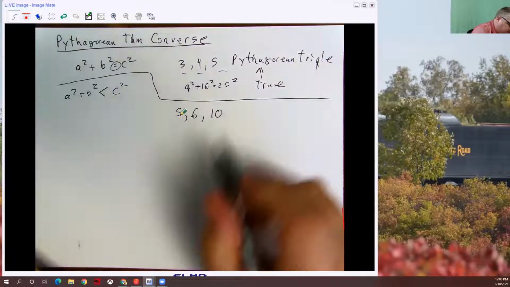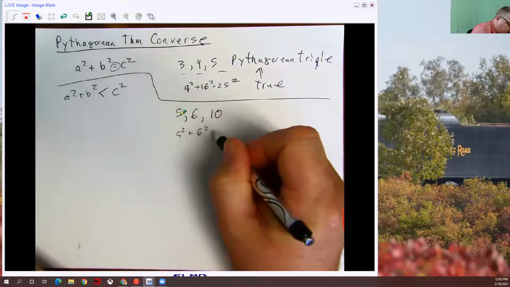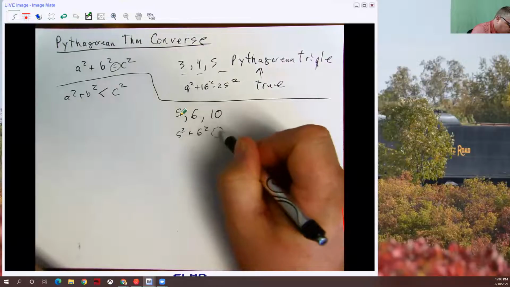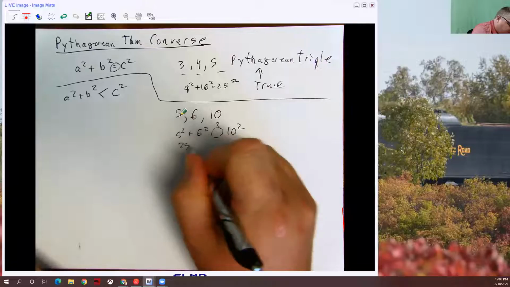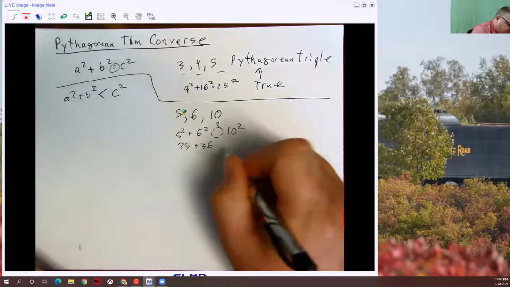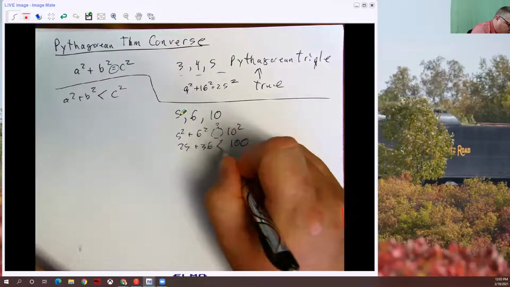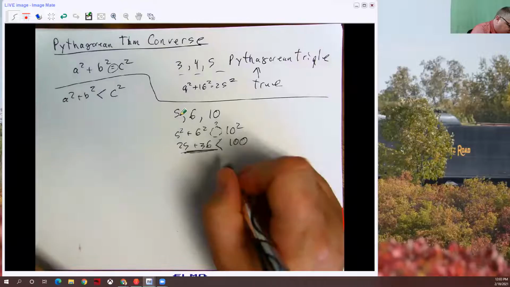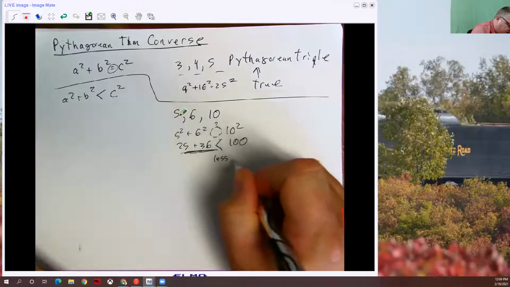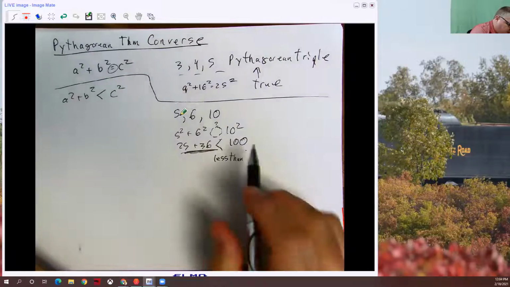In this particular case, I have 5 squared plus 6 squared, is it equal to, I don't know, 10 squared? So that's 25 plus 36, which is definitely less than 100. So if the two sides put together are less than the hypotenuse squared, what kind of triangle is it?